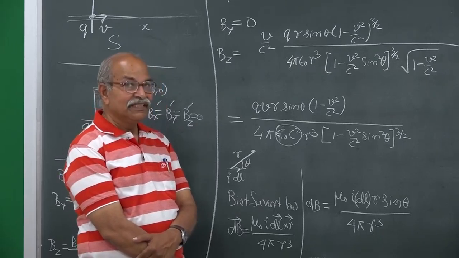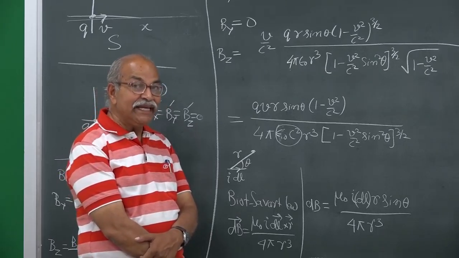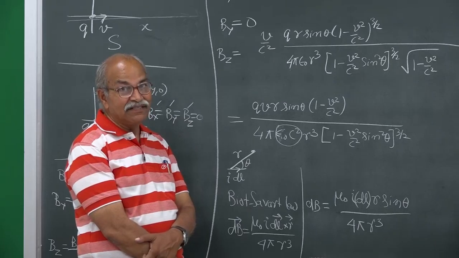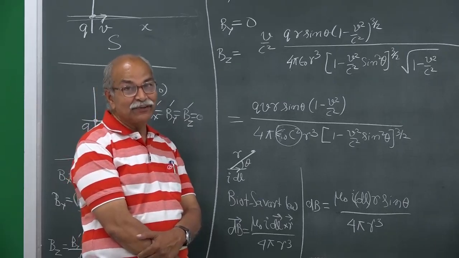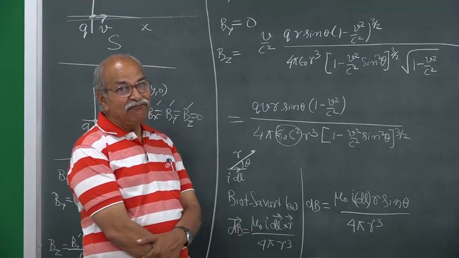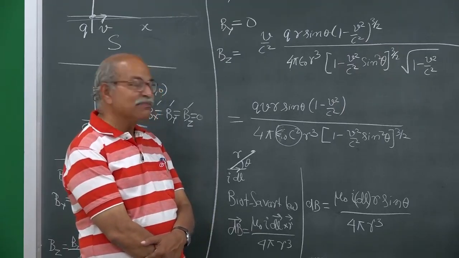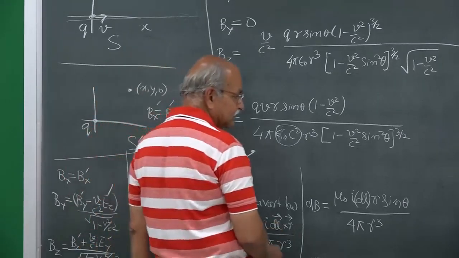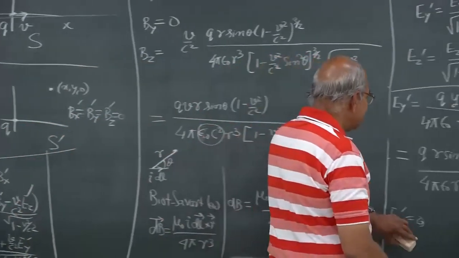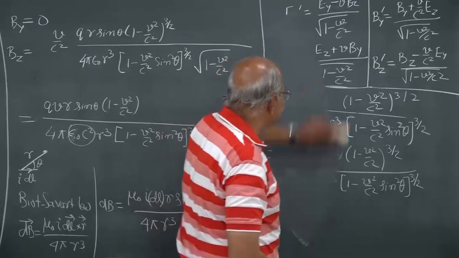But if the speed of the charge is small as compared to the speed of light, if v is much smaller than c, then you can make some simplifications.